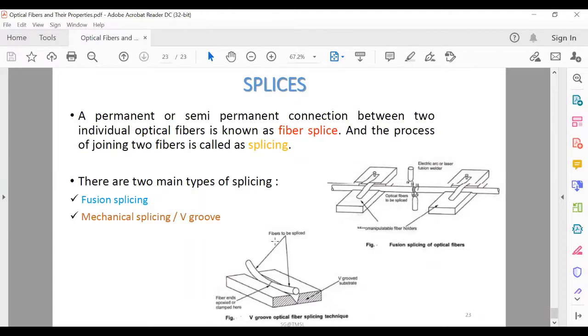This can be reduced by inserting index matching gel. So V groove mechanical splicing basically provides a temporary joint, that is, fibers can be reassembled if required. The fiber ends are butted together in a V-shaped groove, as shown over here. You can see it.